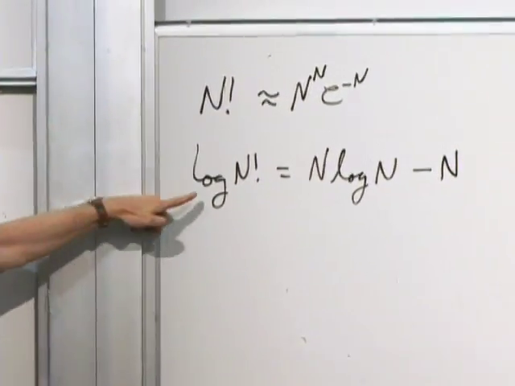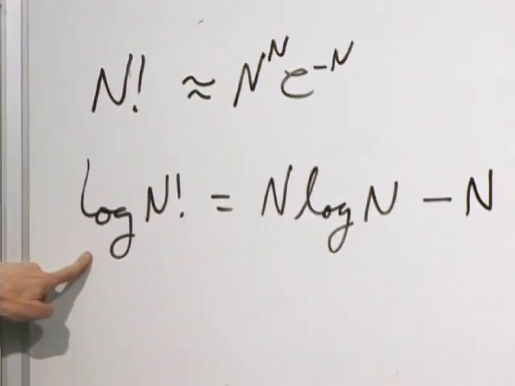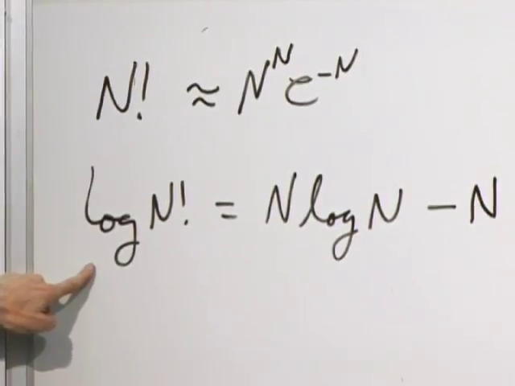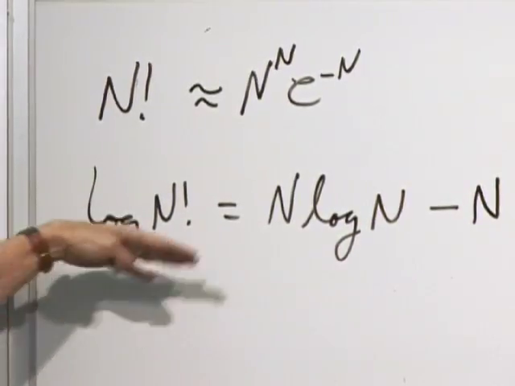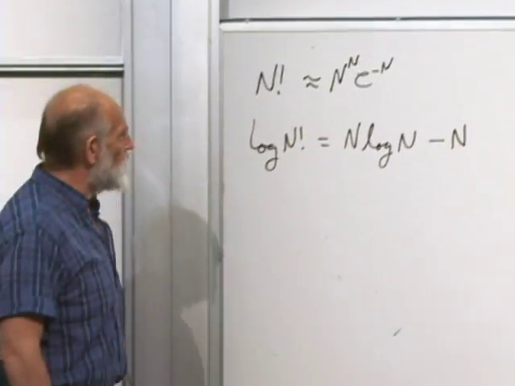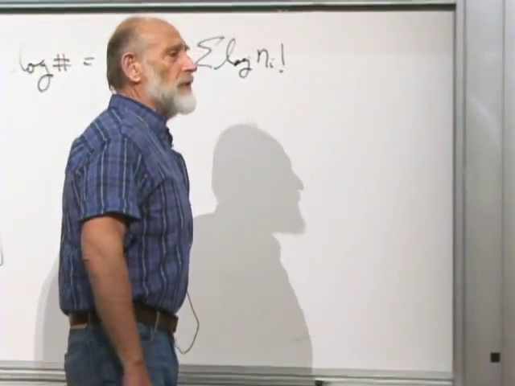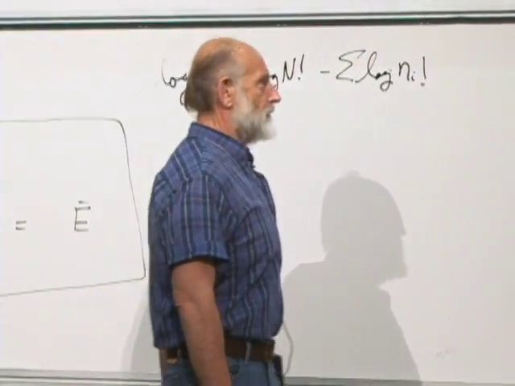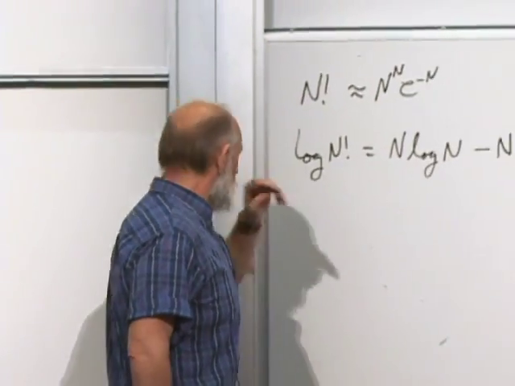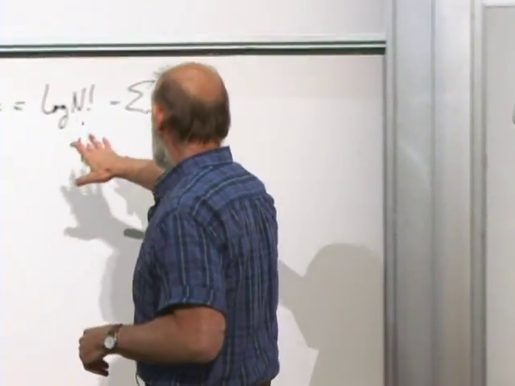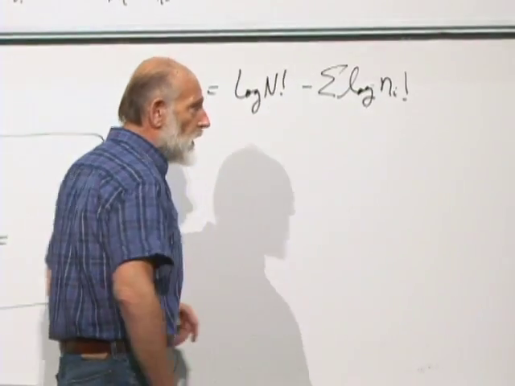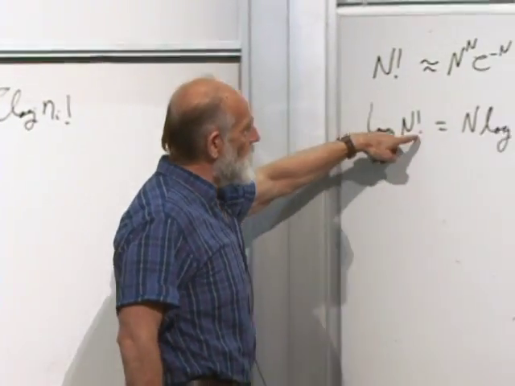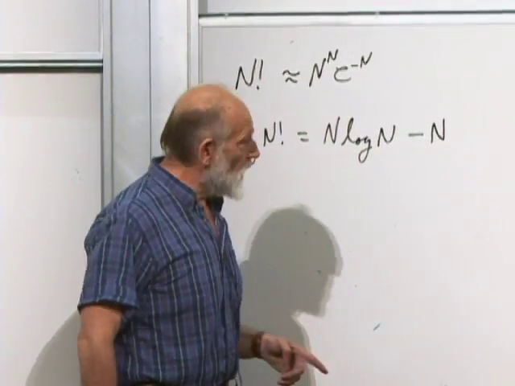I think I proved this last time by doing a little integral for you. Yeah, we proved this last time, or at least motivated it. And this is what we have here, logarithms of n factorial. And so we're going to use the Stirling approximation in this form.